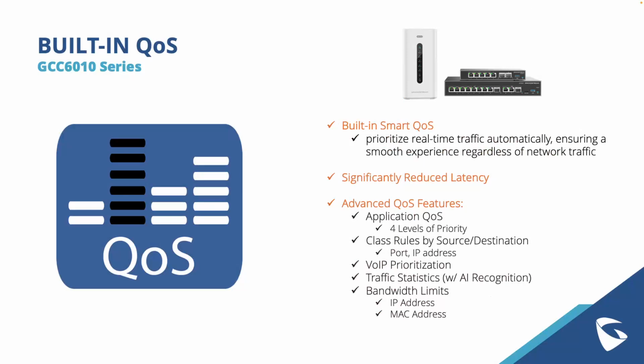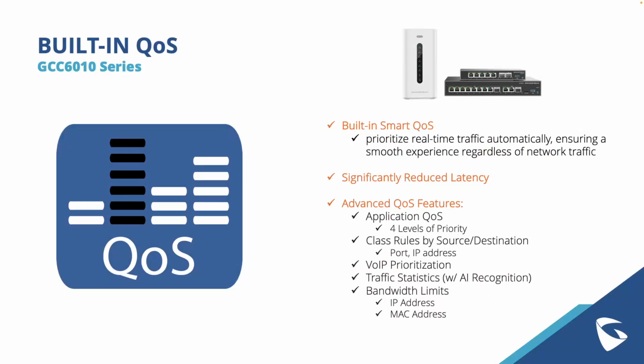There are some advanced features that are going to allow you to prioritize the traffic of applications by category or individually. The priority levels can be set into 4 classes. And you can configure your QoS class rules, which are rules that set the QoS based on IP addresses or ports.